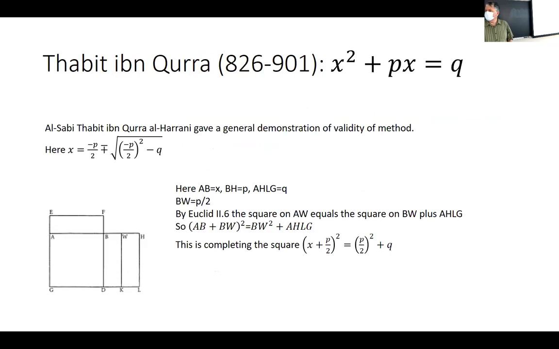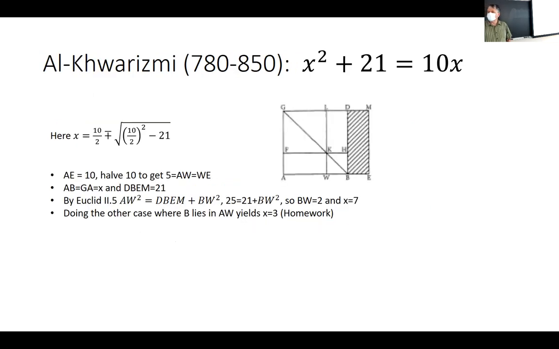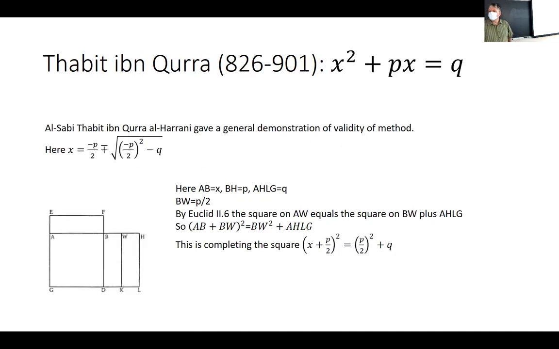Let's have a look at a different quadratic, by a mathematician who came after Al-Khwarizmi. Al-Khwarizmi was around 850, early 9th century. Thabit ibn Qura was more like late 9th century.